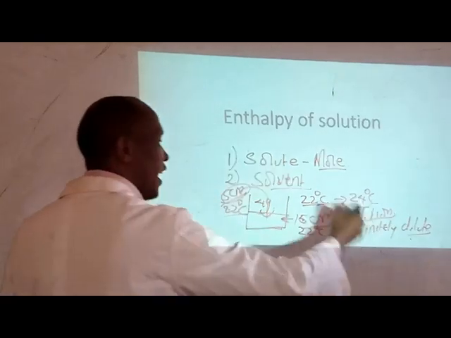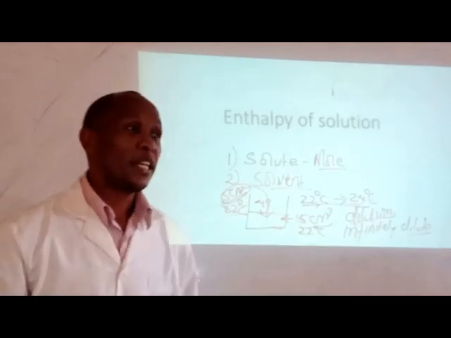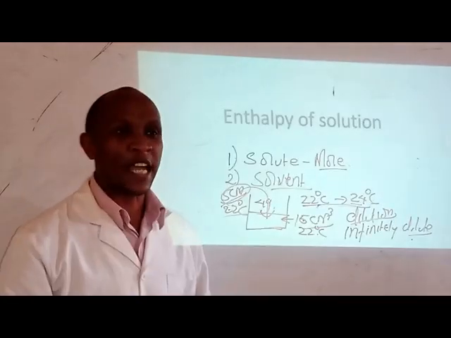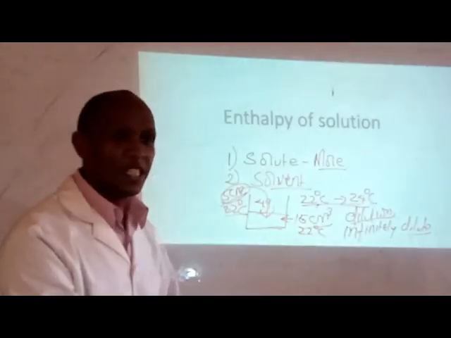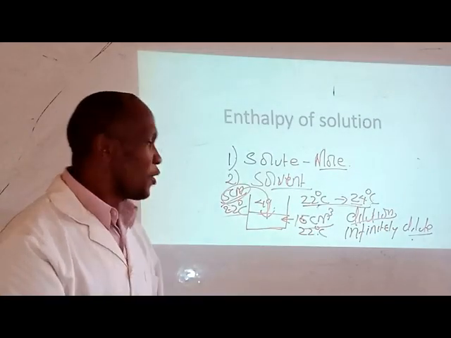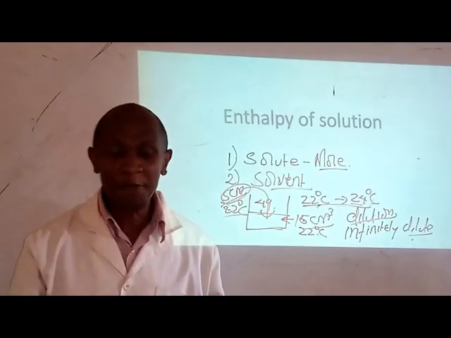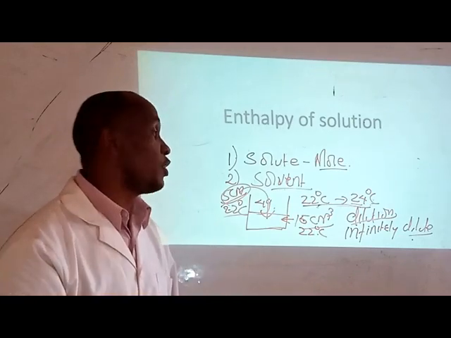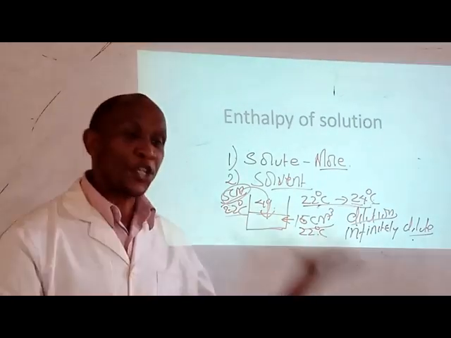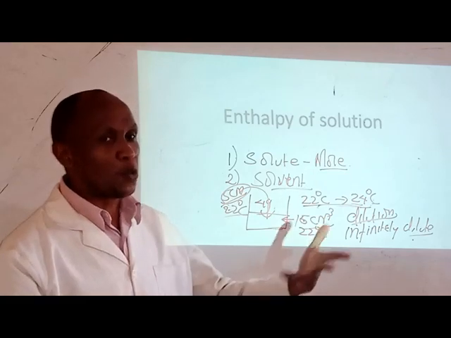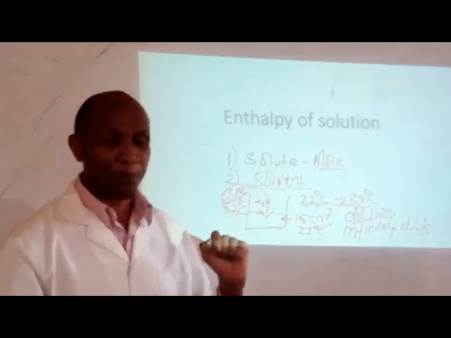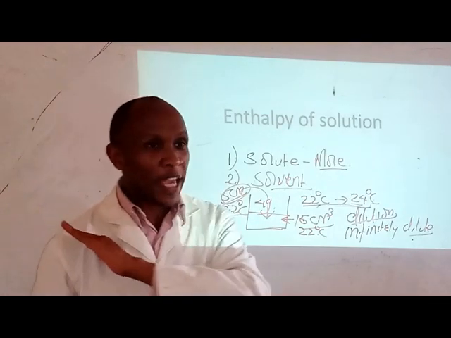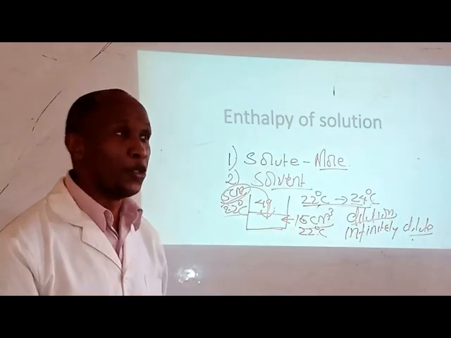I have gotten to a point of infinite dilution. A solution is said to be infinitely dilute if addition of more water does not lead to any further change in temperature. And it is at that point that I'll talk of the enthalpy of solution.